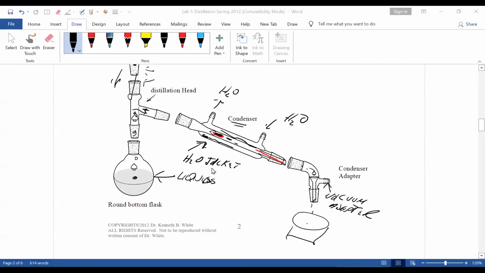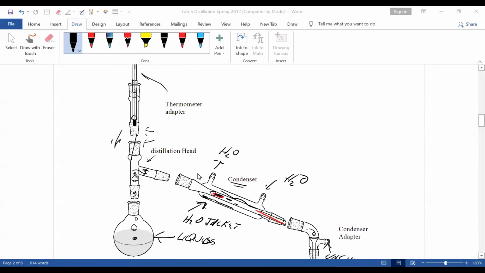This is a distillation apparatus. And for short, it's sometimes called the still. And if you are familiar with moonshine, moonshiners use a still. What they really have is a crude elementary still where they have a pot or place where they have their alcohol and water and mash.